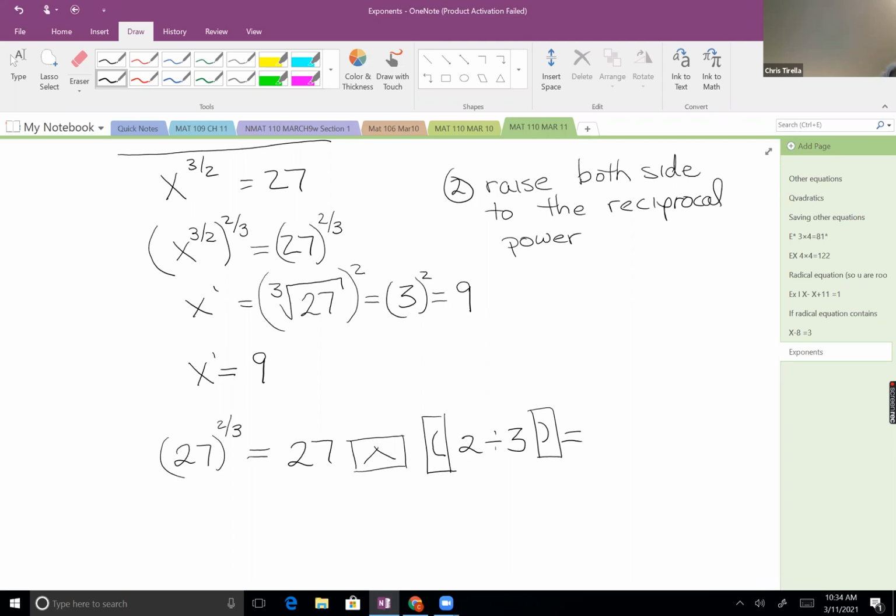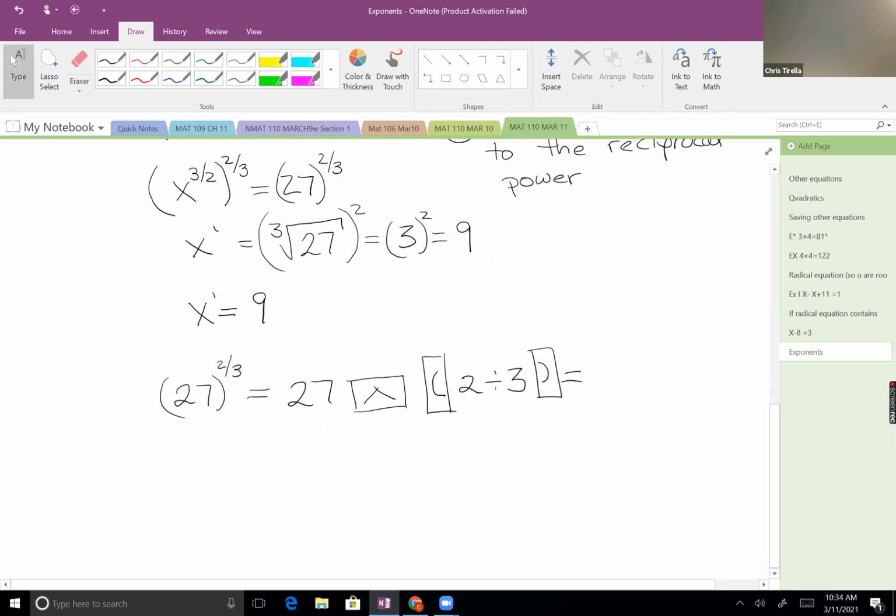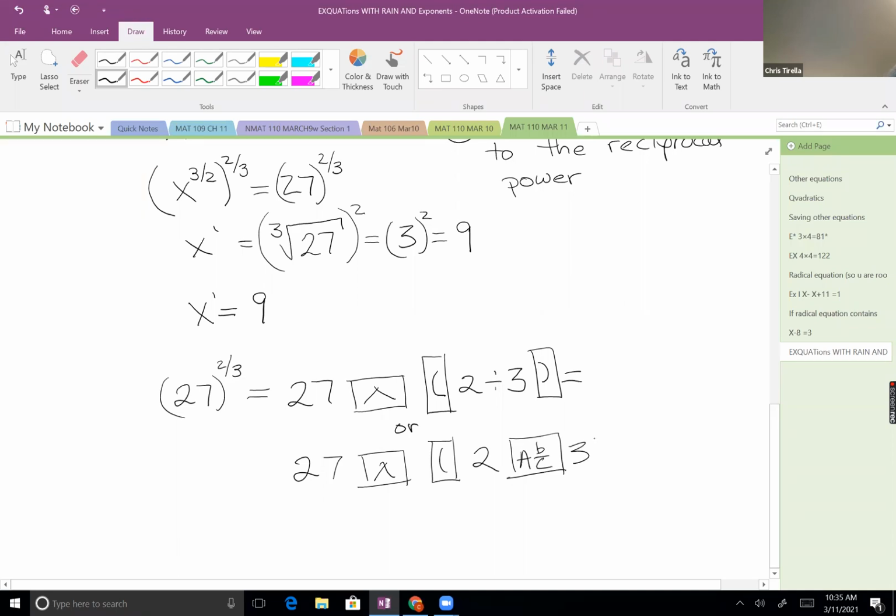I have a tendency to treat all fractions as a division problem when I use my calculator. Some of you might instead be comfortable with that fraction key. Both results should give you the 9.